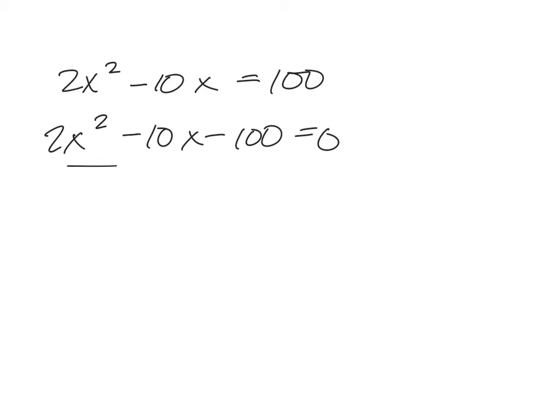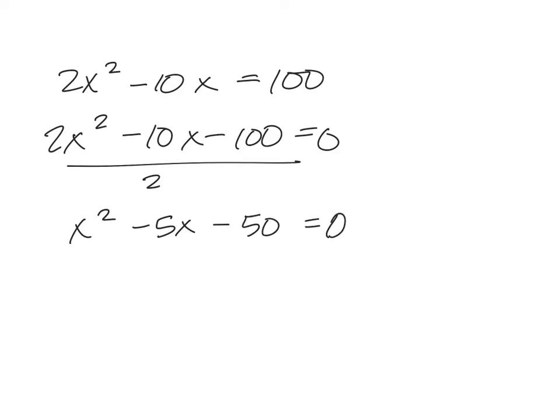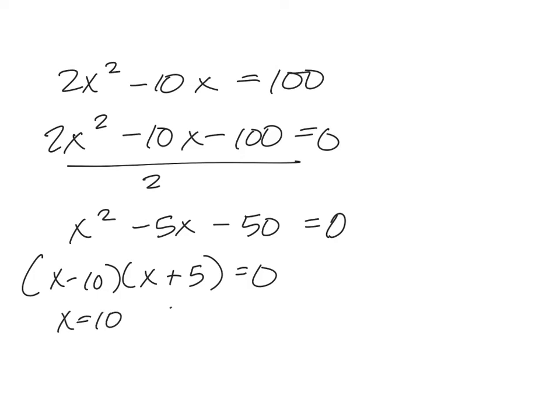Now I'm going to divide everything by 2. So that gives me x squared minus 5x minus 50 equals 0. Okay, factor it. x minus 10, x plus 5 equals 0. Therefore, x equals 10 or x equals negative 5.